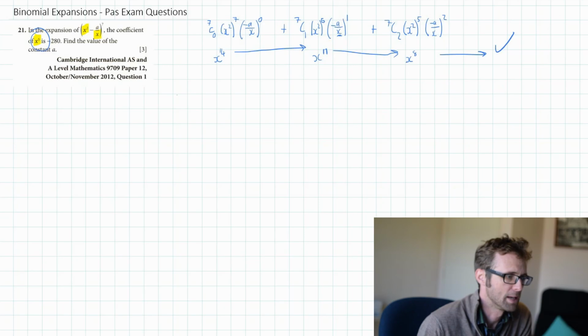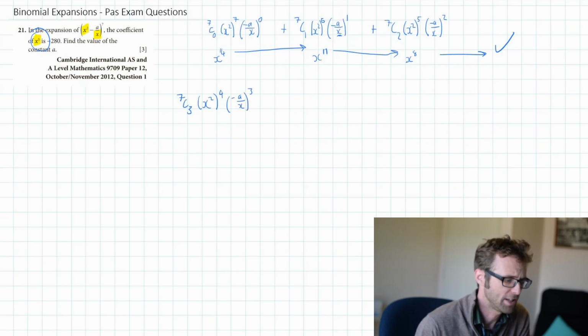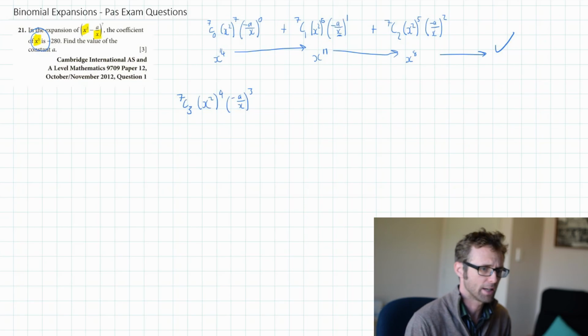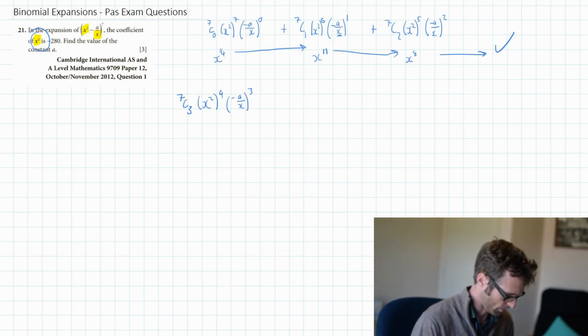We'll do it properly. This time it would be 7 choose 3, and I'm going to have x squared to the power of 4, and my negative a over x to the power of 3. 7 choose 3, chuck that on the calculator, is 35.